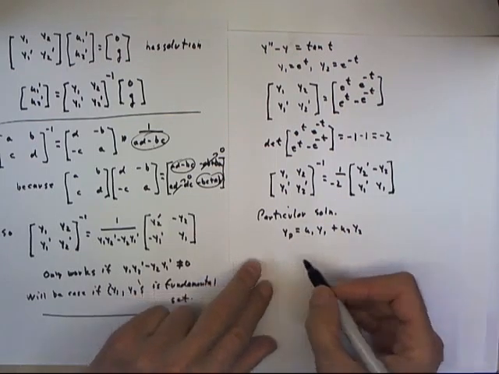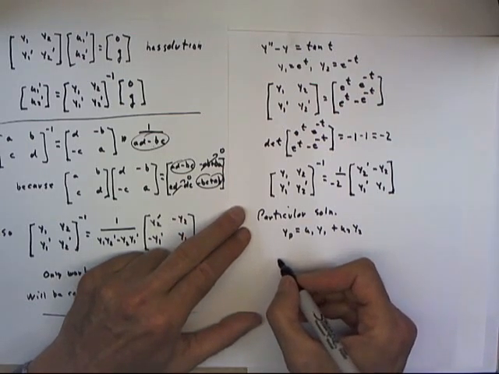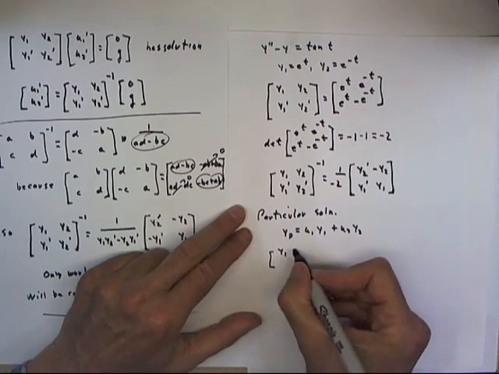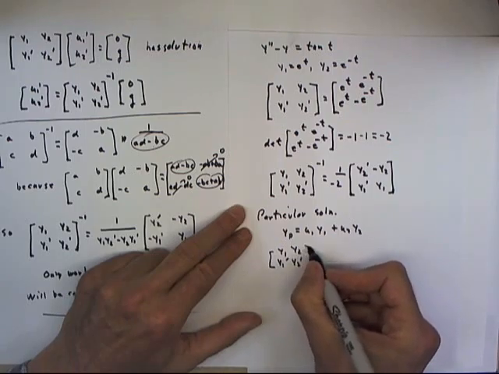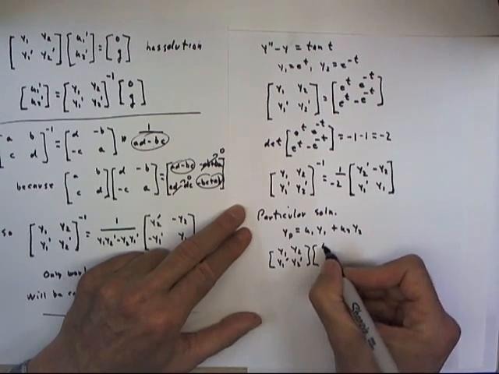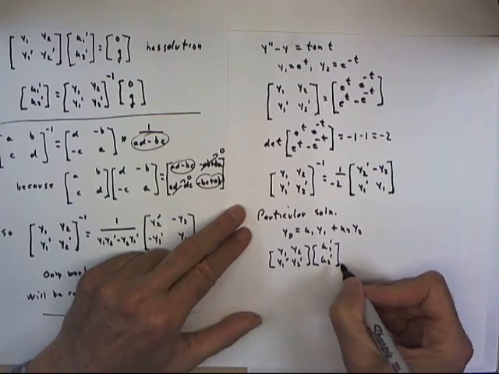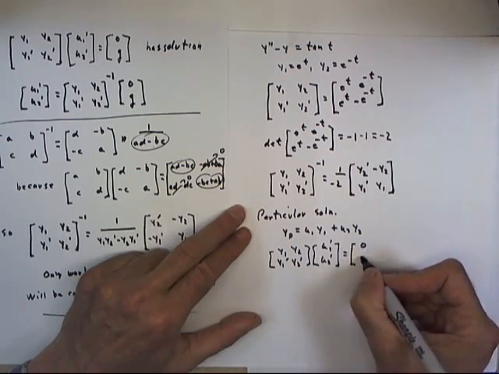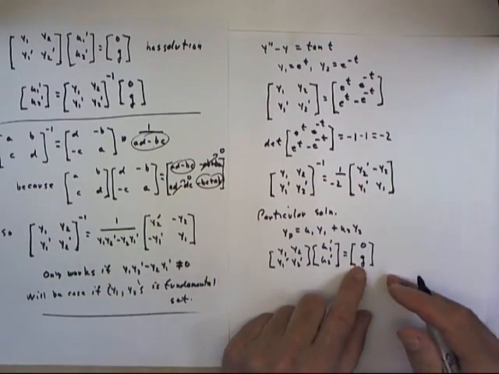Our matrix, I'm debating whether to write the matrix equation down or just write the result. Okay, sorry for that little delay, but I've decided. Our matrix equation is y1, y2, y1 prime, y2 prime times the vector u1 prime, u2 prime equals 0, g, g being the non-homogeneous term on the right-hand side.